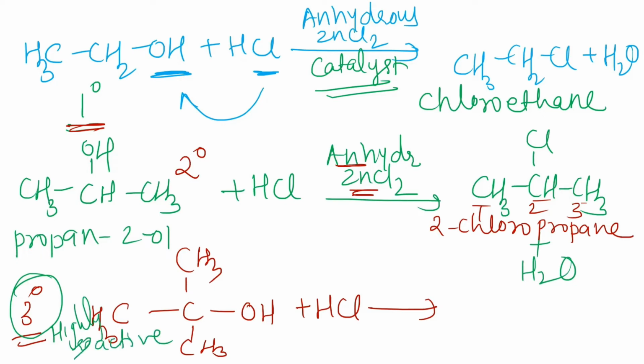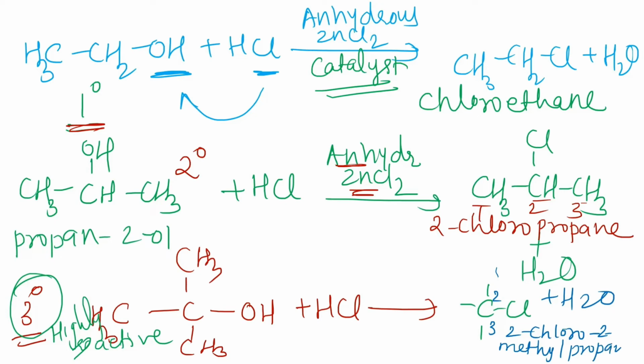Therefore, they don't need anything on the arrow. So just the substitution reaction. If I number it, 1, 2, 3, third carbon, plus water. So this is 2-chloro-2-methylpropane, that is tertiary butyl chloride, the main product here.